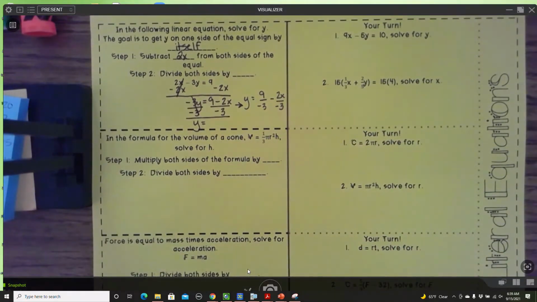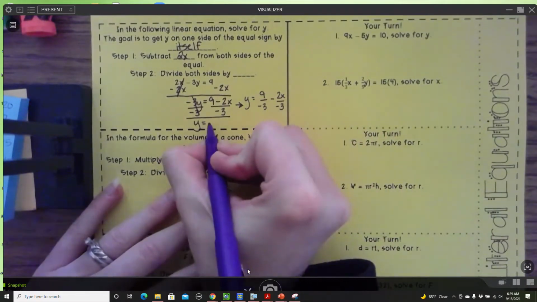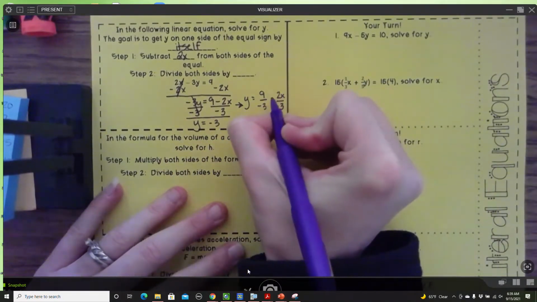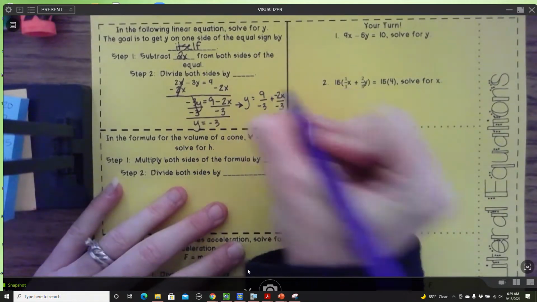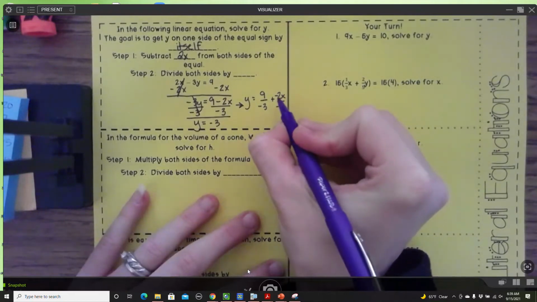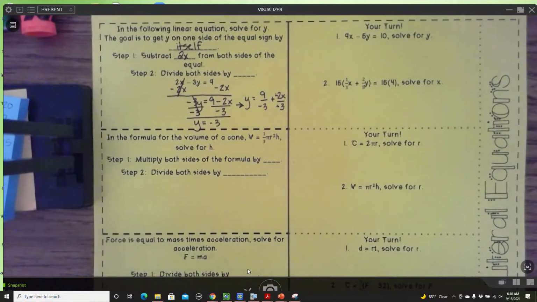I can split them apart and make two fractions out of them. So I'm going to do 9 divided by negative 3, which gives me a negative 3. And then I've got minus 2x, which I could turn into plus a negative 2x. And that way, those negative signs will cancel each other out. Just the negatives will cancel each other out.